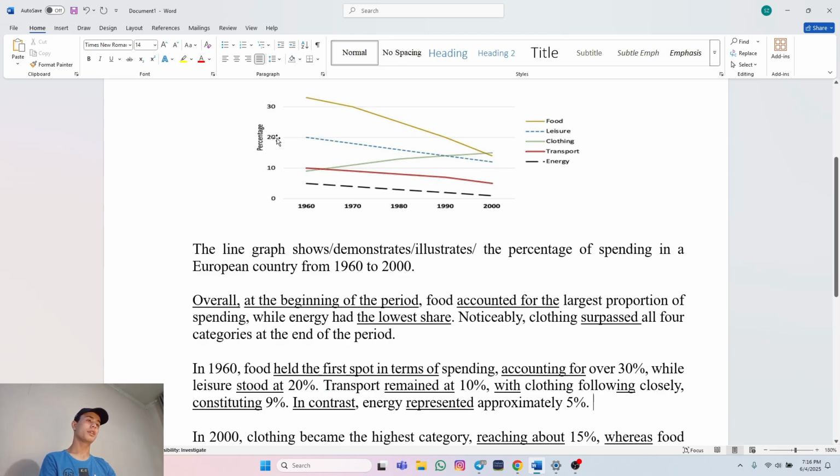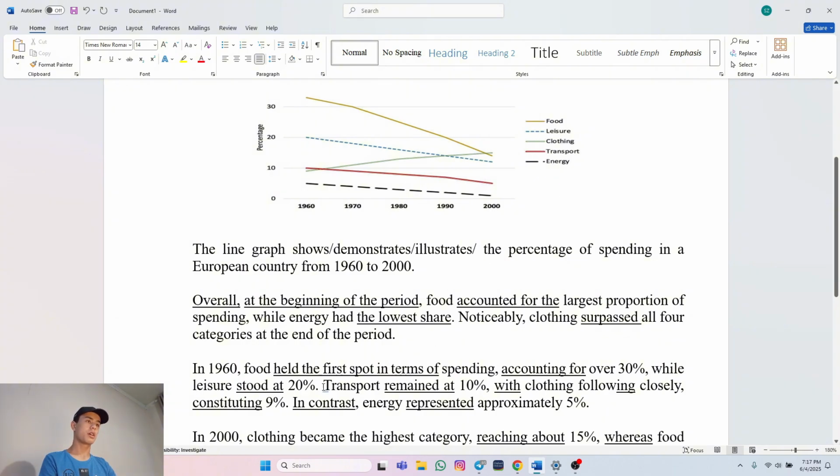Okay, we have already described two categories, and the third one, first one, and fifth one. Transport, yes, transport here. Transport came here after clothing, but clothing came here after transport. Okay, there is no need to point out this.